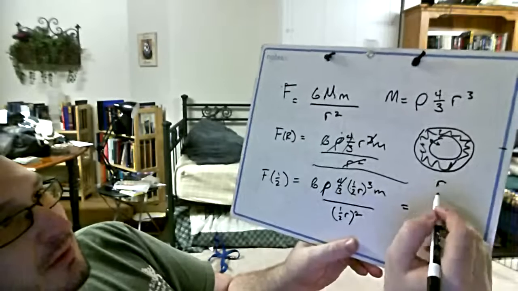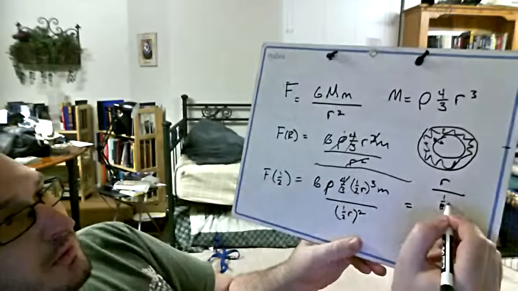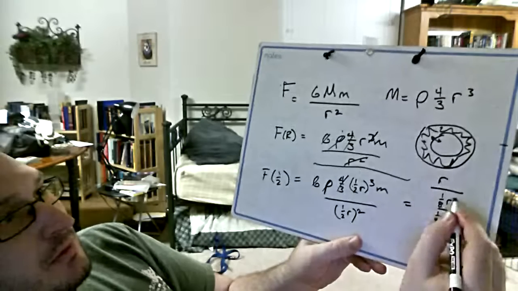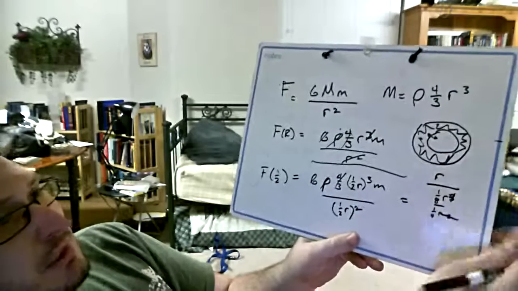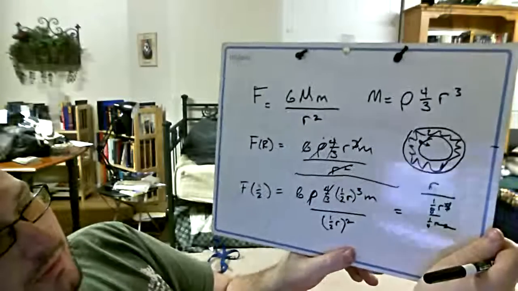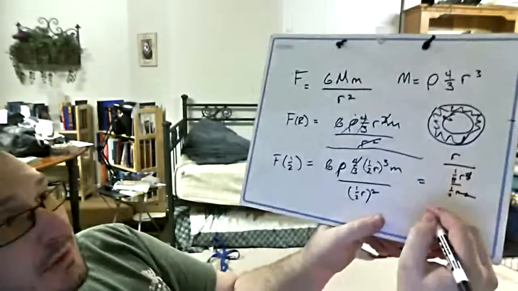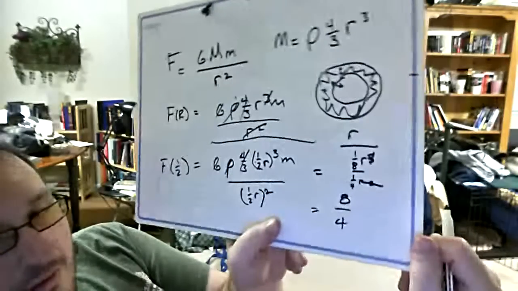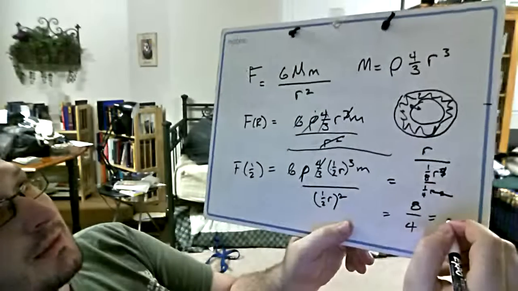So this is going to be R divided by 1/8 R squared divided by 1/4 R squared, and that's going to cancel. So you get 1/8 divided by 1/4, or 1/4 over 1/8, or 8 divided by 4. It's just how I'm running the math through my head. However you run the math through your head is just fine, as long as you do it right, of course. So that's going to get 2.